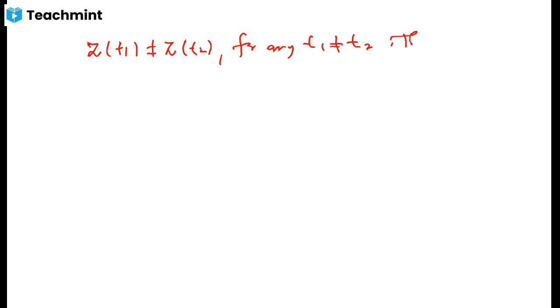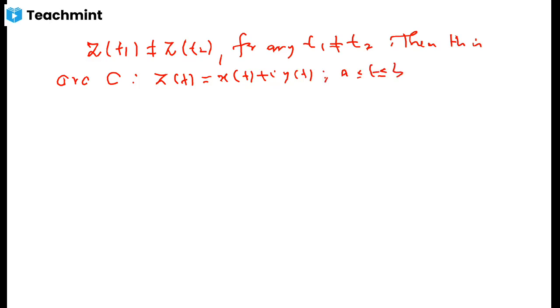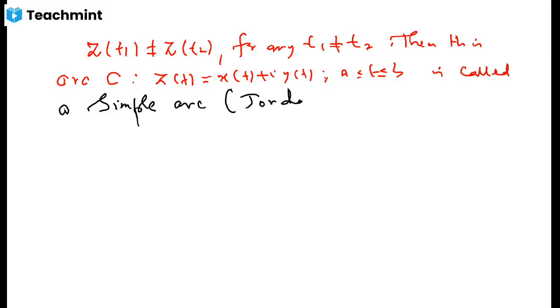Then this arc, which the function z represents, this arc C, which is z of t equals x of t plus i y of t, a less than or equal to t less than or equal to b, is called a simple arc, or there is another name to it, which is also called the Jordan arc.